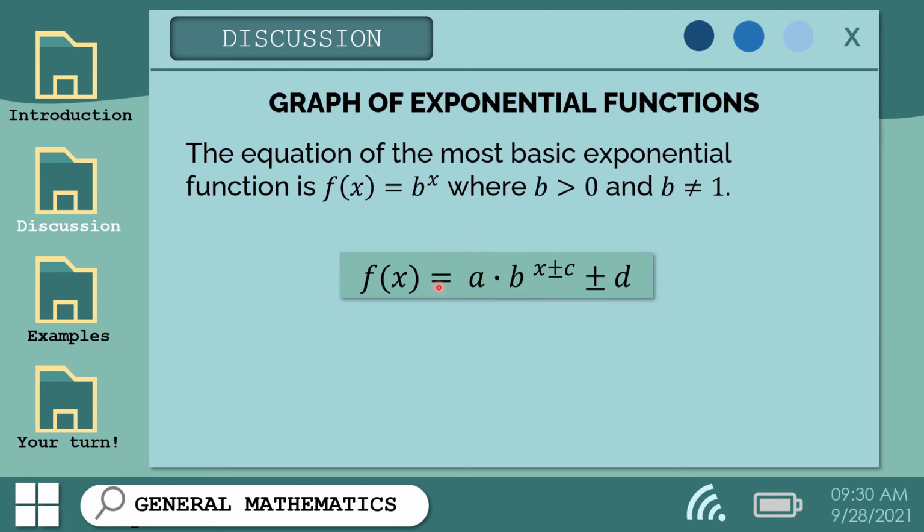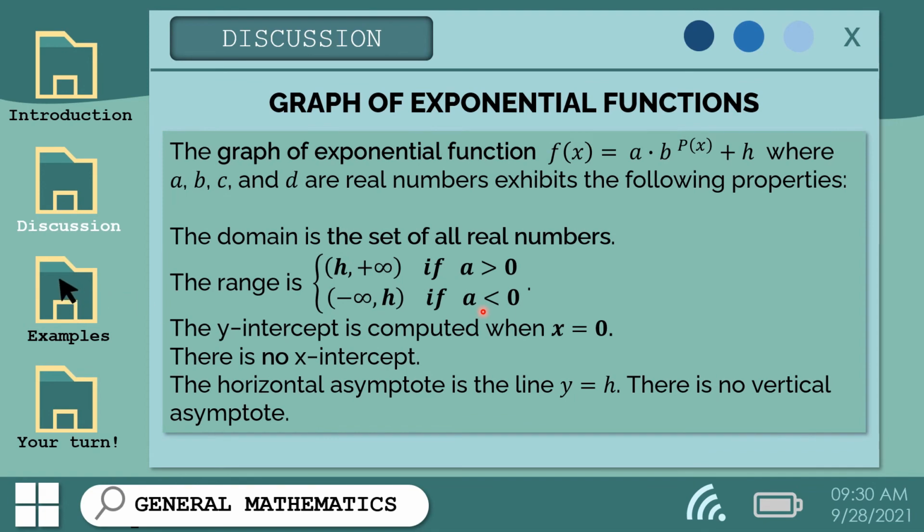At meron din tayong real number a na kung saan multiplied naman siya sa ating basic exponential function. Okay, so, ganun. At pag ganito na po yung transformation, may ibang properties din po siya. Let's see kung ano yung pagbabago ng properties kapag ganito na po yung transformation ng ating basic function.